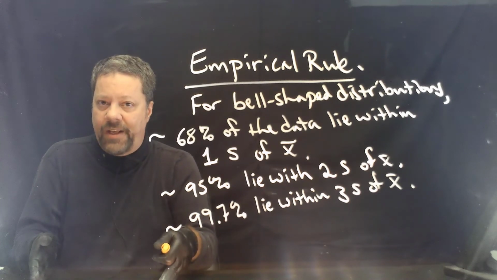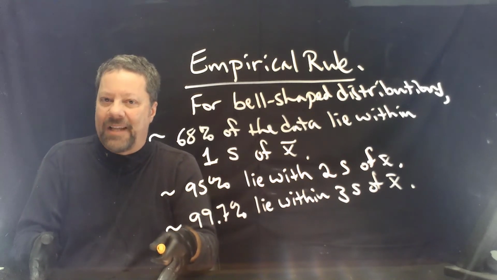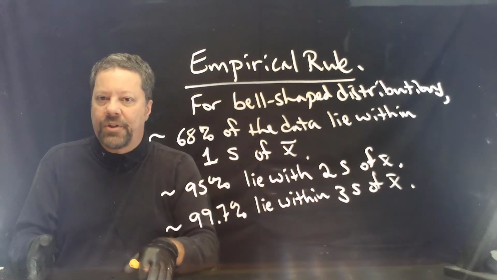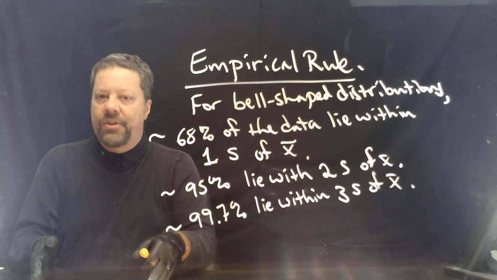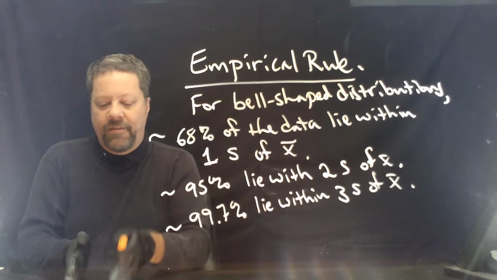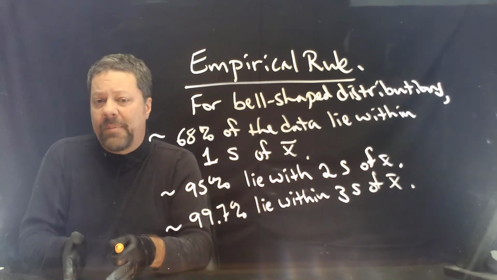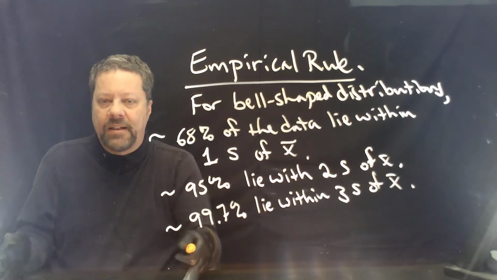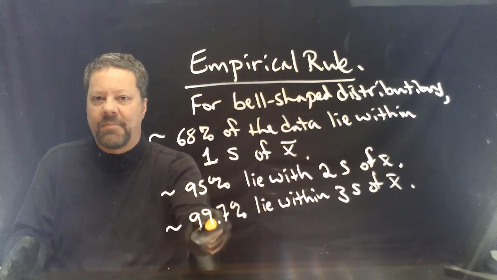Within 2 standard deviations, 95% of the data will lie for these nice normal distributions or bell-shaped distributions. If you're using only one standard deviation, you only pick up 68%. So 68%, 95%, 99.7%. You're going to memorize these numbers.